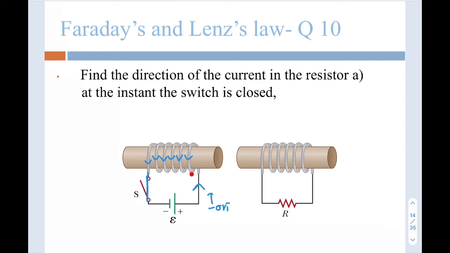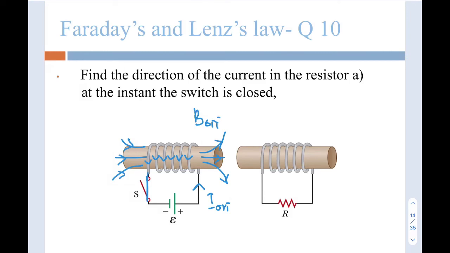Using this section, use Grab's rule: place your thumb along the direction of the I original and grab it, so you will have B in this direction. So this is B original.